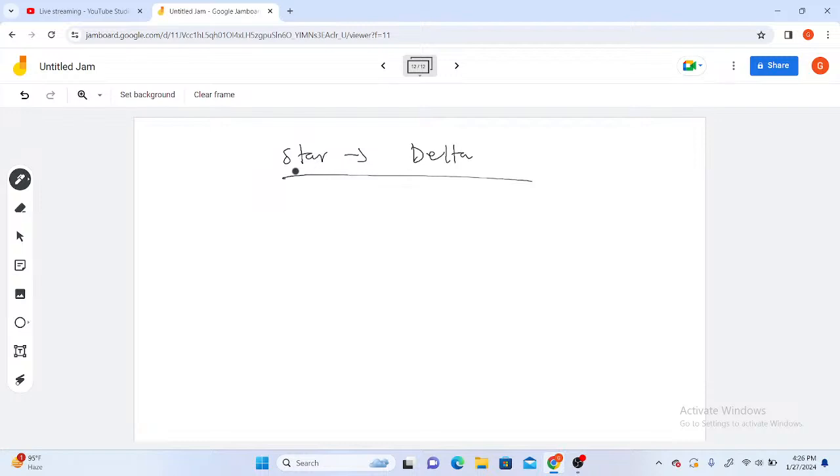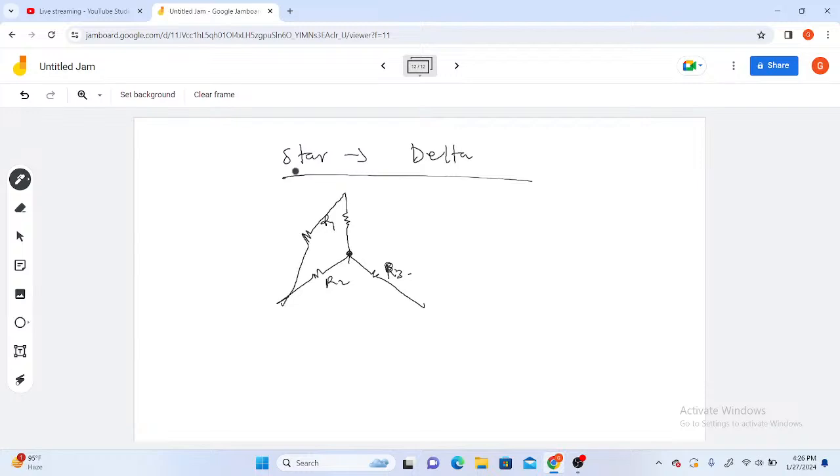Star to delta means I need to draw my star, then convert it to delta. So this is the star arrangement. Let me make it bigger. I have R1, R2, then R3. If I want to convert the star to delta, you close the ends of any two of the resistors with another resistor.